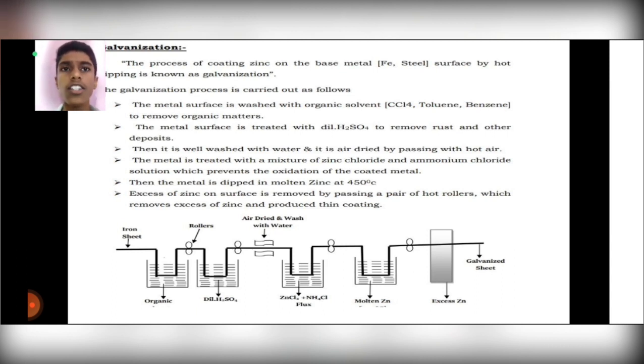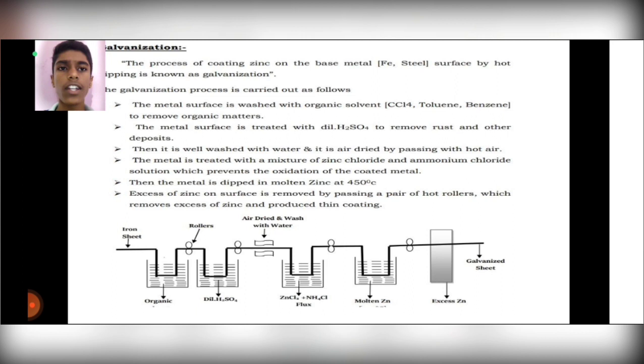Example: an iron sheet is dipped in an organic solvent to remove organic matter, and then dipped in dilute H2SO4 to remove the rust. Then it is washed with water and air dried, and the metal is treated with a mixture of zinc chloride and ammonium chloride to prevent oxidation of the coated metal.